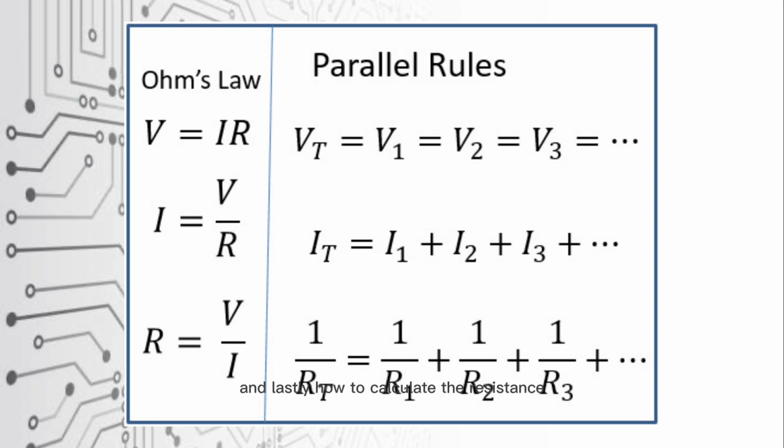And lastly, how to calculate the resistance. The formula is 1 over R total equal to 1 over R1 plus 1 over R2 plus 1 over R3. And all of the answers must be raised to the power of -1.